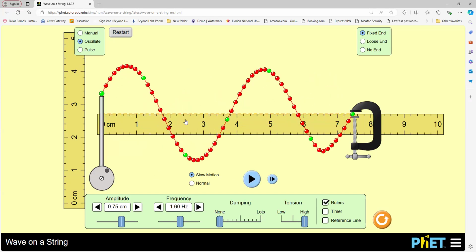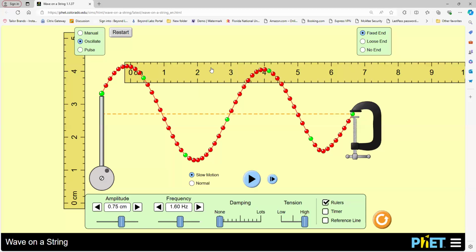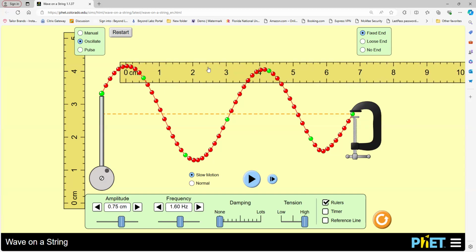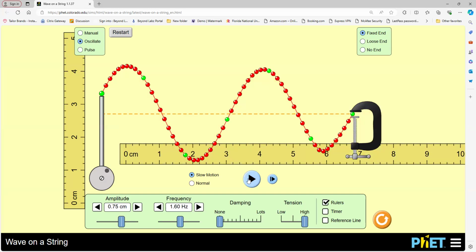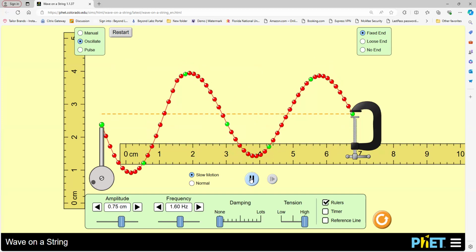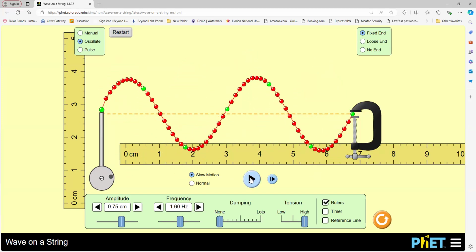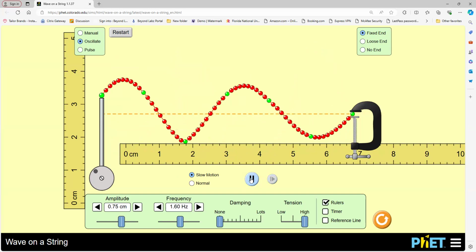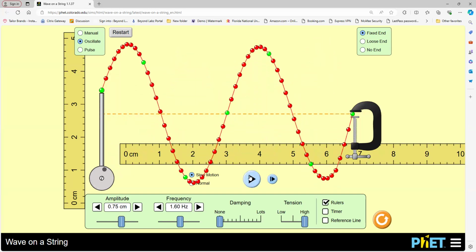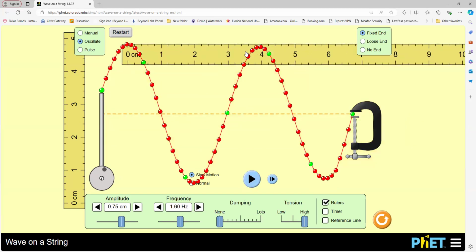And then you can also measure the wavelength from this maximum to this other maximum. So it didn't change too much. It looks like it's again 4 centimeters. The other time was like a 3.8. And we just keep this oscillating for a little bit more. I will measure again. And again, I got like 4 centimeters.